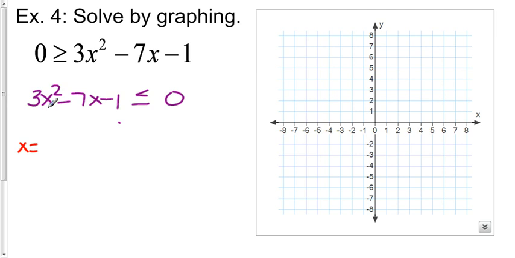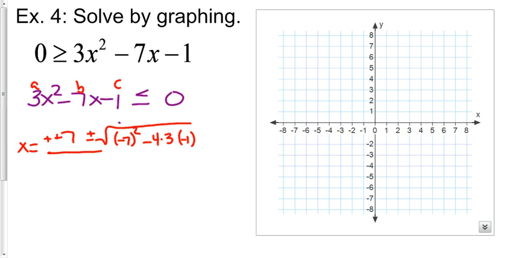We're going to take the opposite of b, which would be negative 7, I guess, or positive 7 if we fix that, plus or minus, under the square root sign, b squared, that's negative 7 in parentheses squared, minus 4 times a, which is 3, times c, which is negative 1. And then we're dividing that entire thing by 2 times 3, the a value.